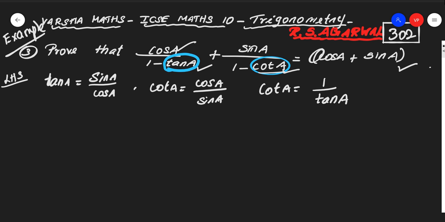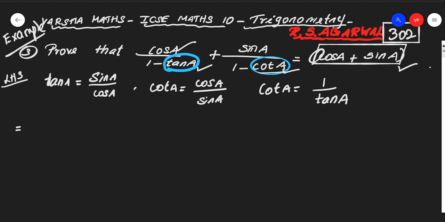So you have these options, and you can substitute them. The RHS is cos A plus sin A. You have to derive all the LHS terms into cos and sin, so keep that in mind.